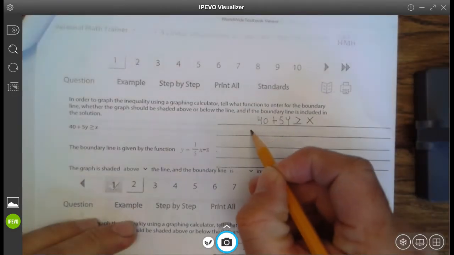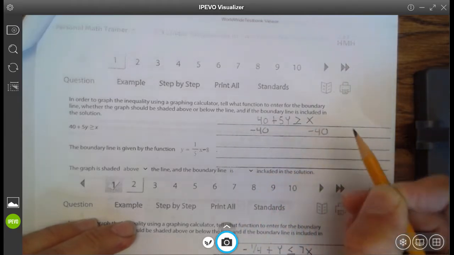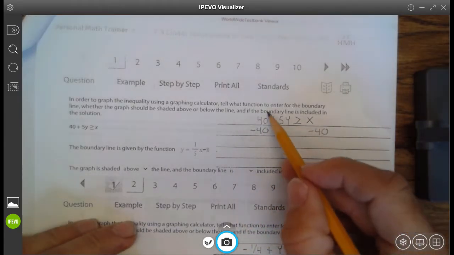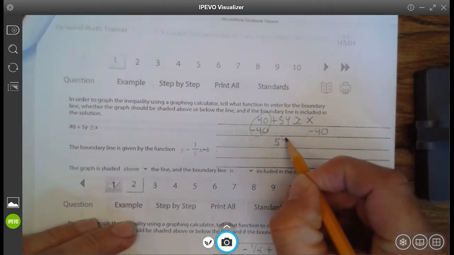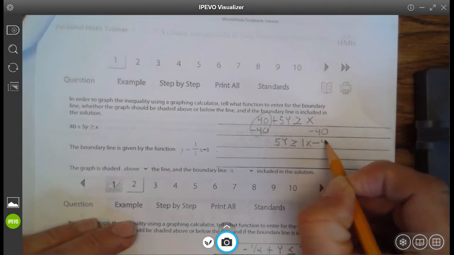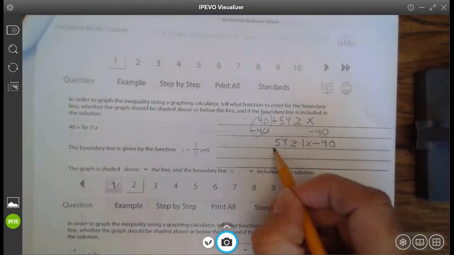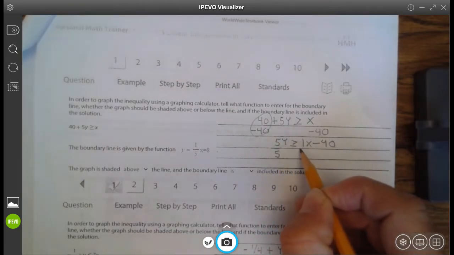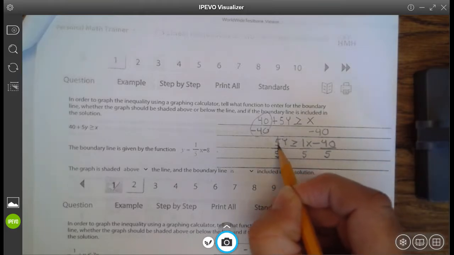So what we're going to do is subtract 40 from both sides. 40 minus 40 is 0. You get 5y greater than or equal to 1x minus 40. Okay? Last step is we're going to divide everything by 5. 5 divided by 5 is 1.